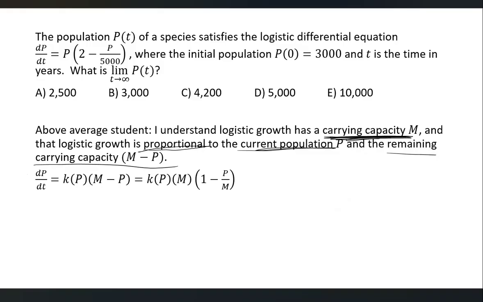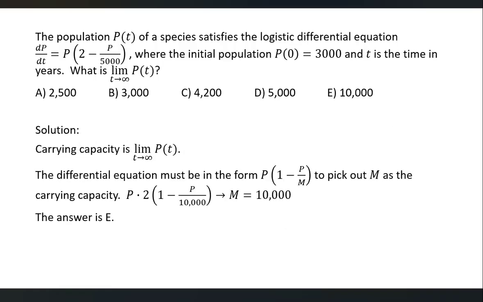So the differential equation has this form: K, because it's directly proportional, times P times M minus P. You sometimes work with it in this factored form, where you factor out the M from M minus P, so it becomes 1 minus P over M, and the carrying capacity is at the bottom now.